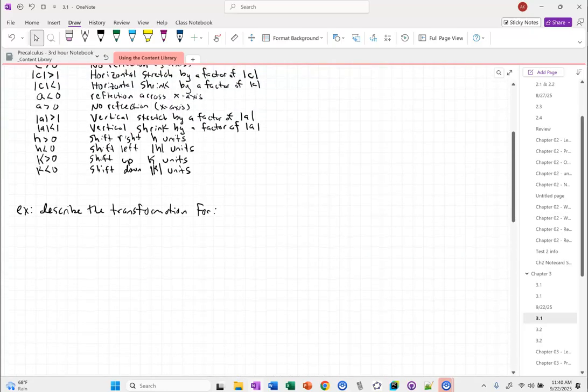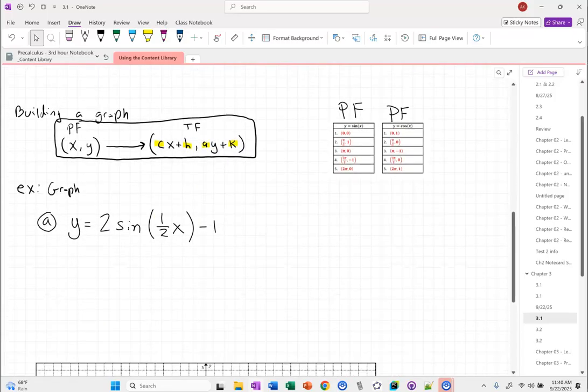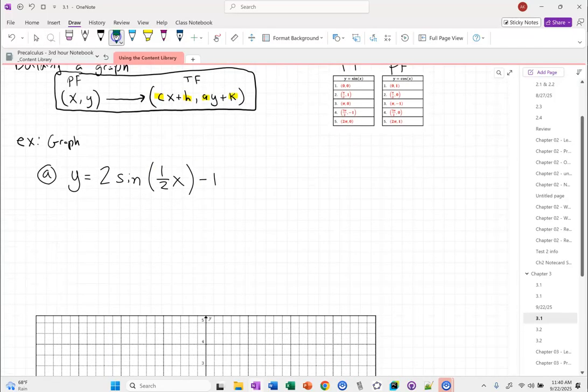Oh, that was too far. Hold on. All right. My first step, I want to look at that equation and pull the values for A, C, H, and K. I'm going to call on some of you guys to help me do this. Everybody so far so good?